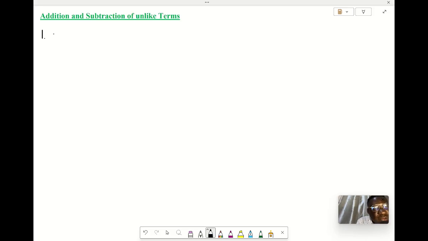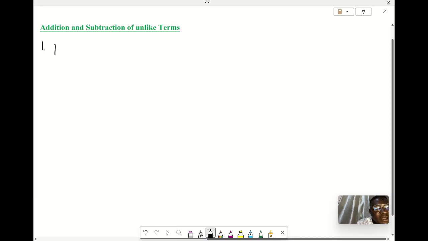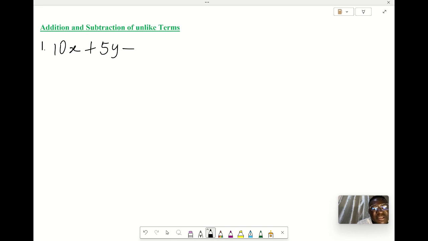So in this particular question, say you are given 10x plus 5y minus 2x, let's say, plus 3y. How do you solve this kind of expression? So it is not just only unlike terms, but there are some like terms in it.